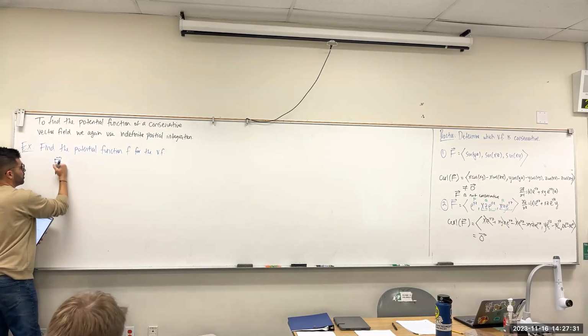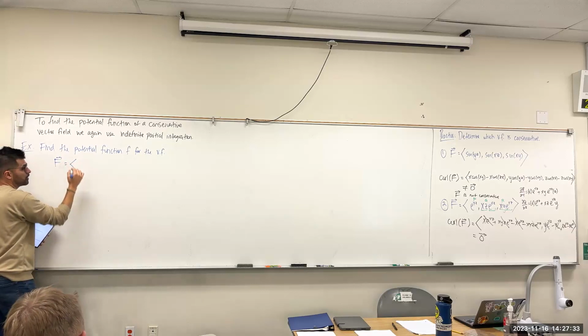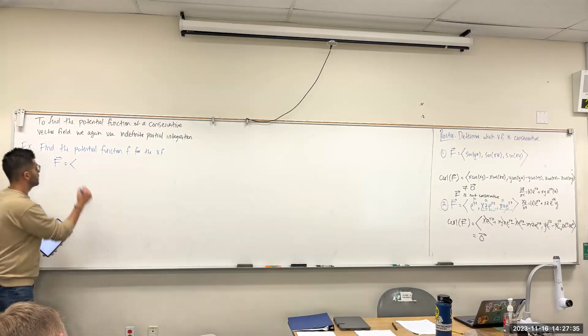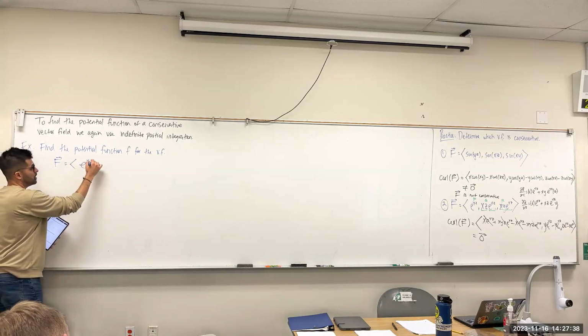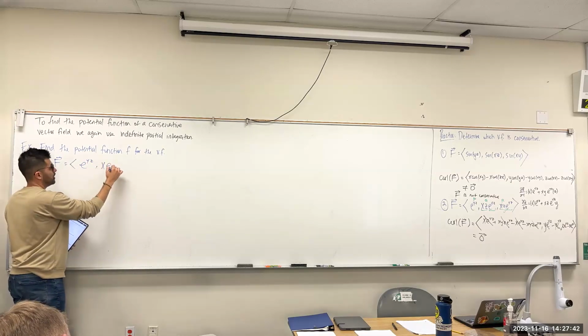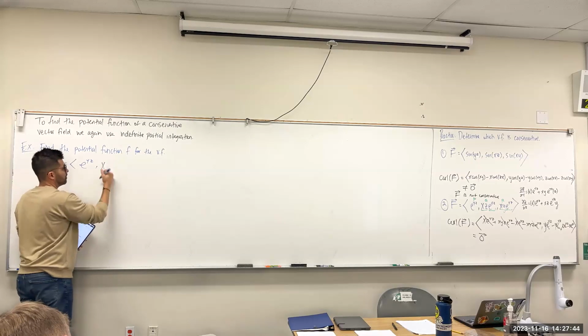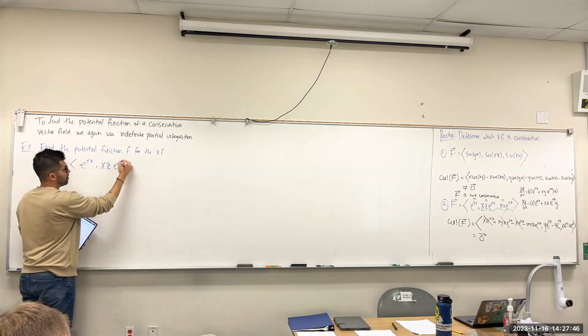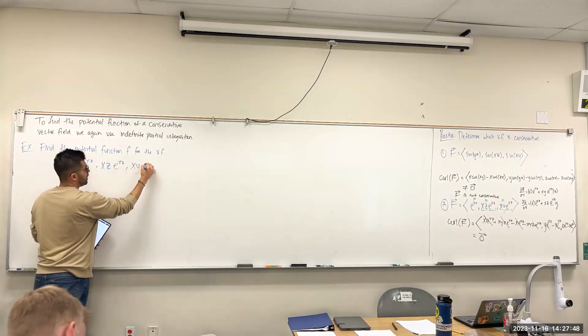Number 2, and let me just show this is conservative. e to the yz, xz e to the yz, and then xy e to the yz.